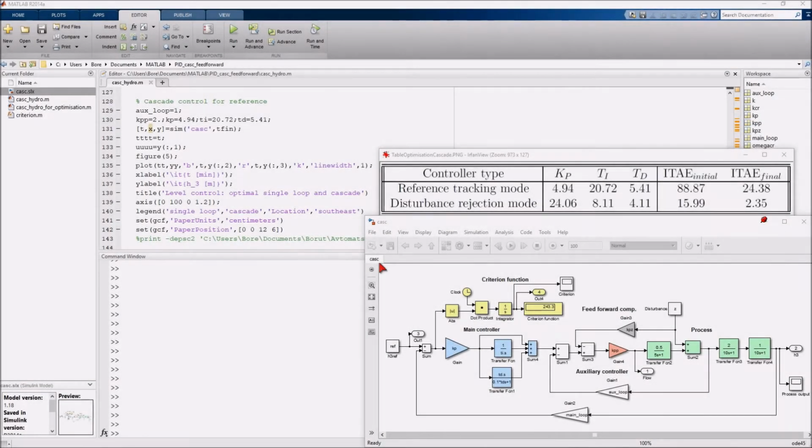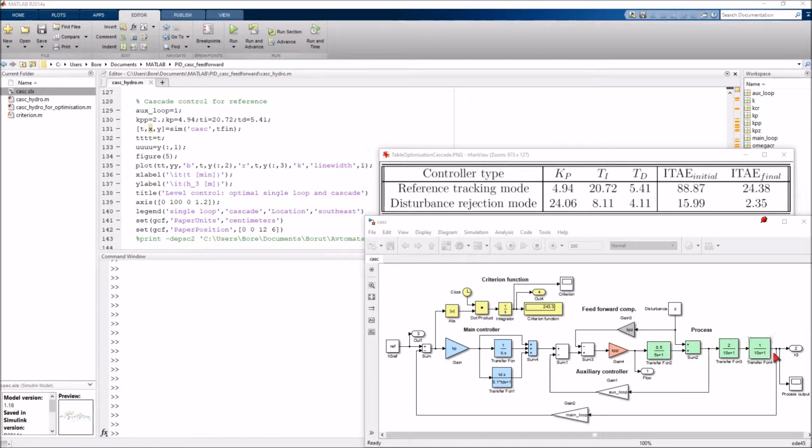Let's start with the cascade control for reference tracking mode. This is the part of the program, and this is the universal scheme. Again, we can see the main controller, we can see the auxiliary controller here.